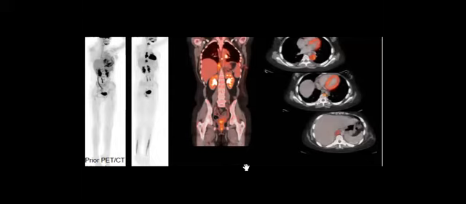This patient already received the chemotherapy and resection of liposarcoma, but there is a residual lesion, and it gave this newly developed lesion, which is this one. After 4 months of treatment, he developed this one. So this means that this patient has disease progression.